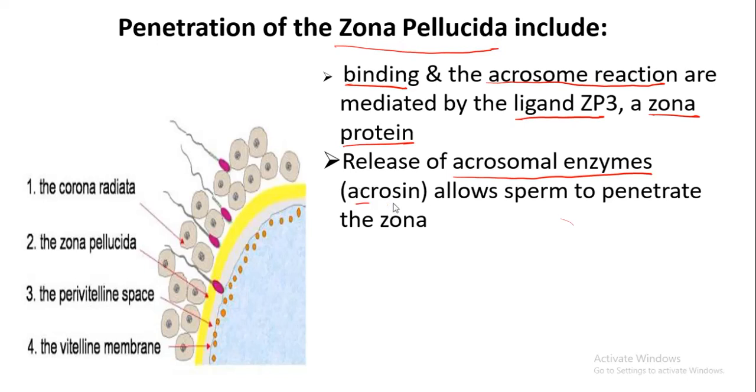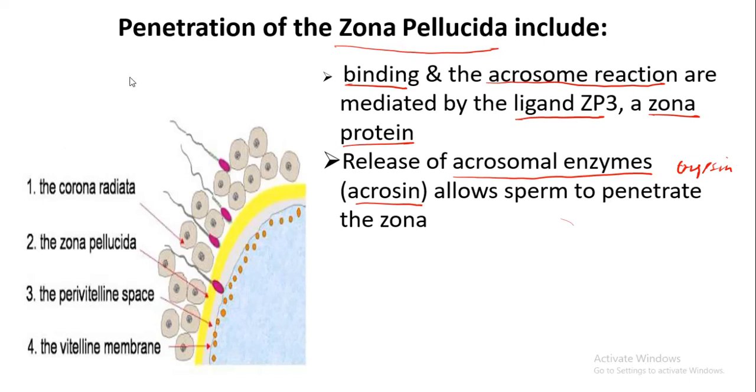An example is acrosin. The other enzyme that we talked of was trypsin. So acrosin and trypsin will be released by the sperm. Then ligand ZP3 and the zona proteins will be released from the female.